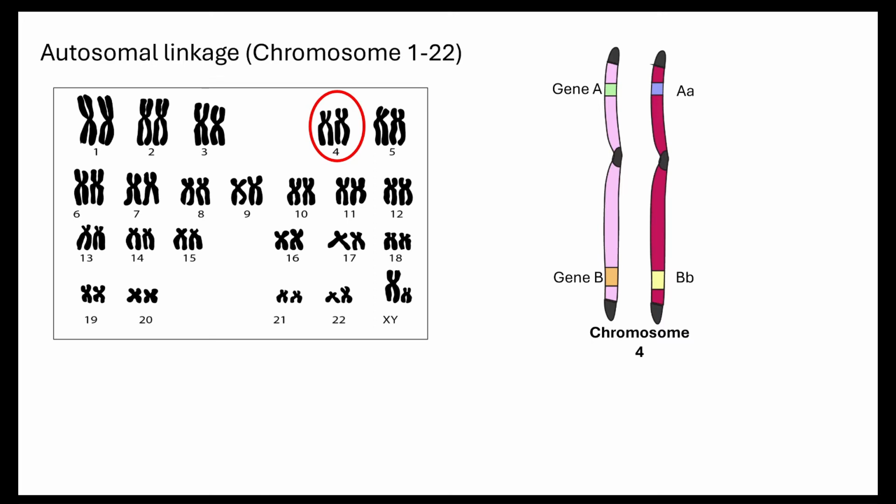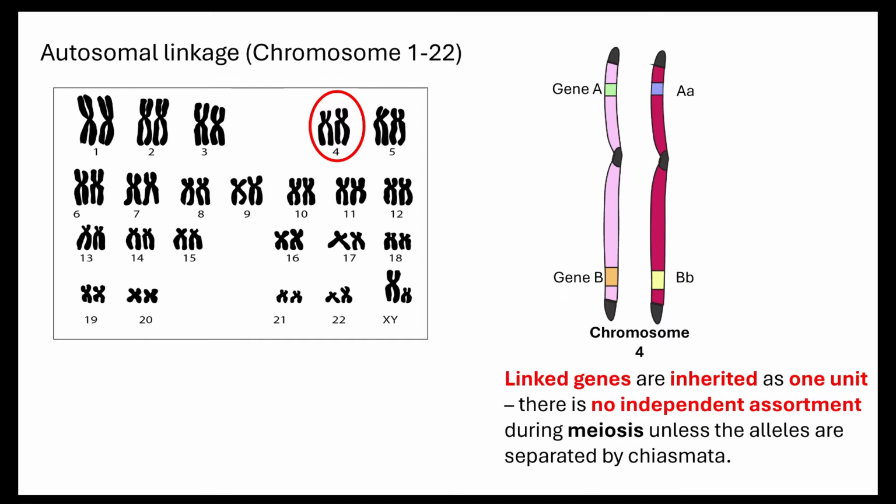Now, this individual is heterozygous for both gene A and for gene B. That means that they have the dominant allele for both A and B, as well as one copy of the recessive allele for A and B. Now, what's very different to what we know before when we talked about dihybrid crosses and how independent assortment of alleles can occur.